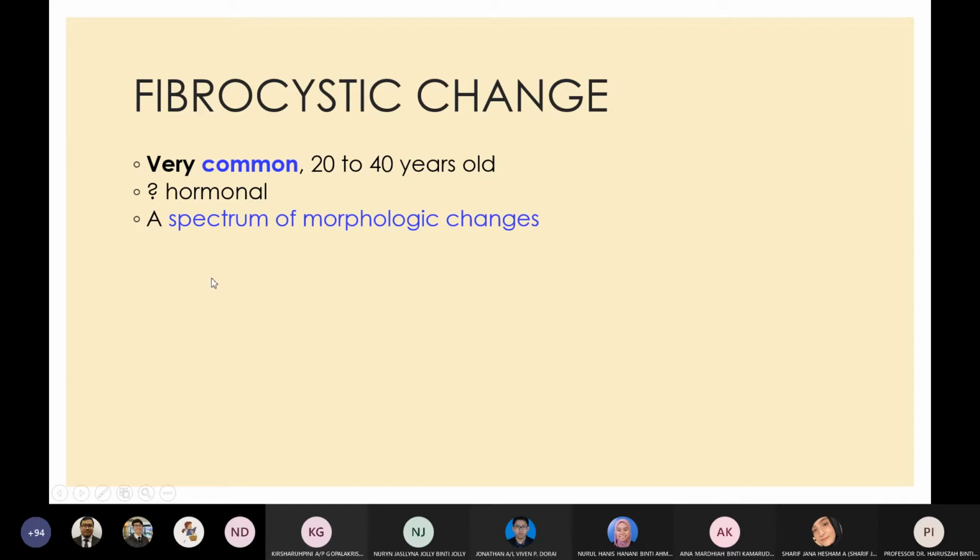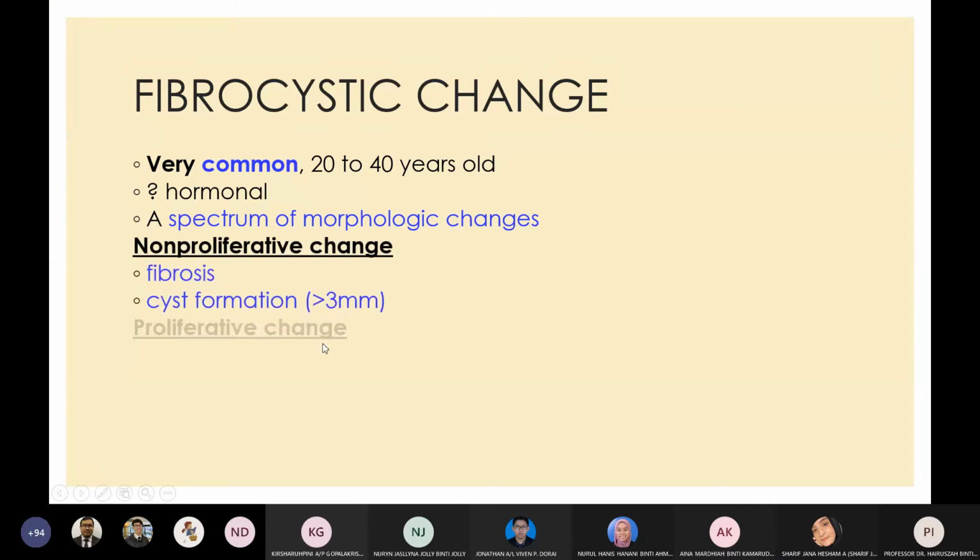Histologically or pathologically, the appearance of this lesion is not as straightforward as fibroadenoma that was described just now. Fibroadenoma is proliferation of stroma and epithelium. In phyllodes, just now, we see more stromal proliferation, but in fibrocystic change, there's a very great spectrum, a mixture of changes.